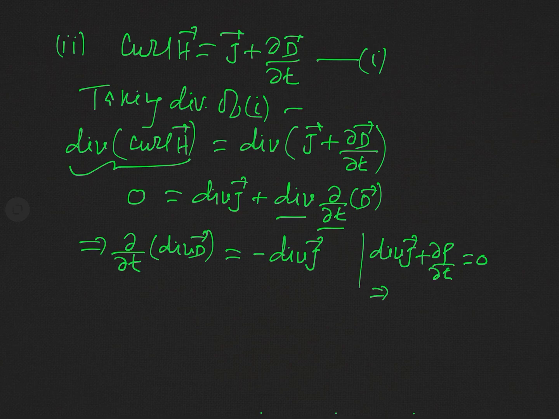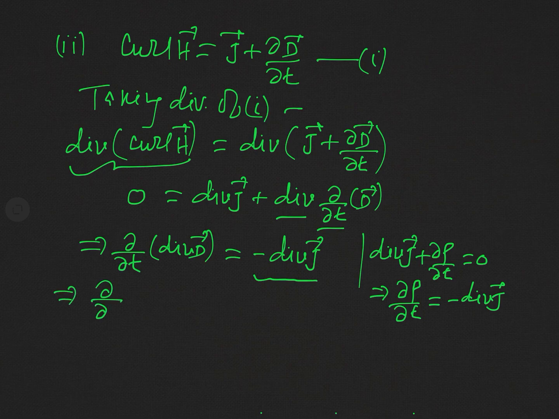And so you can write from here that del rho by del T will be equal to minus divergence J. So this minus divergence J can be replaced by del rho by del T.